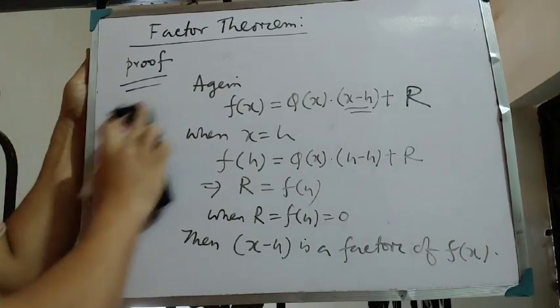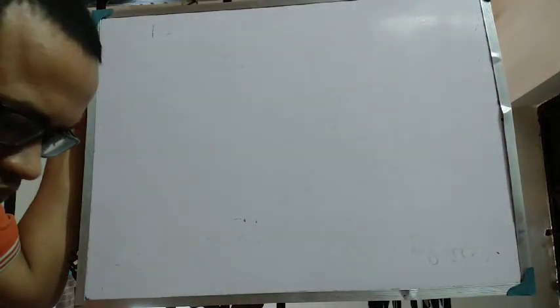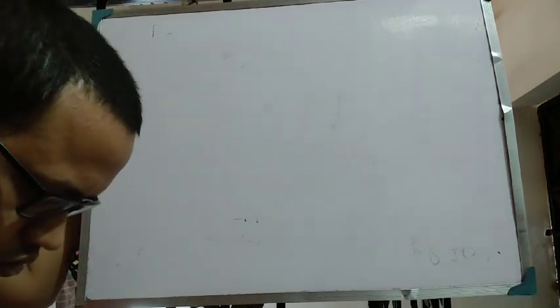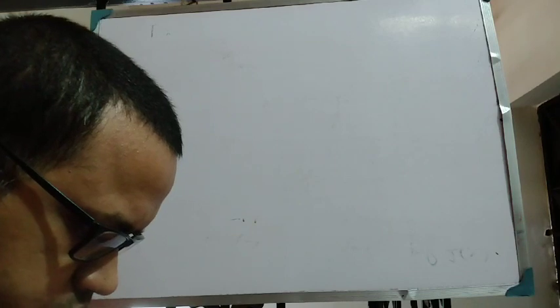Now I am going to discuss a few problems from your board book depending on the factor theorem. From the factor theorem, one of the important things you have to remember is the zeros of a polynomial. How many zeros are there?